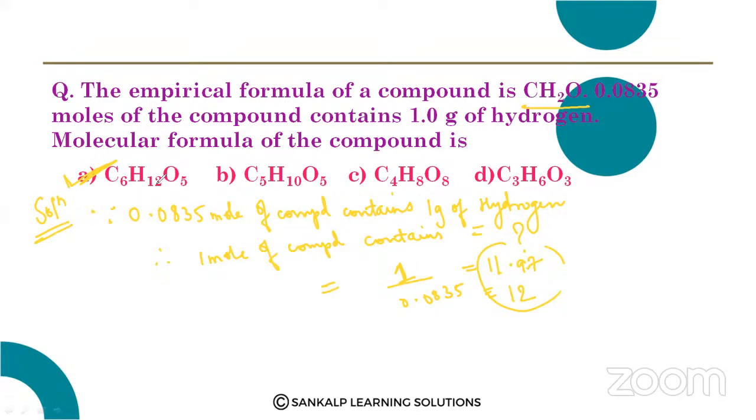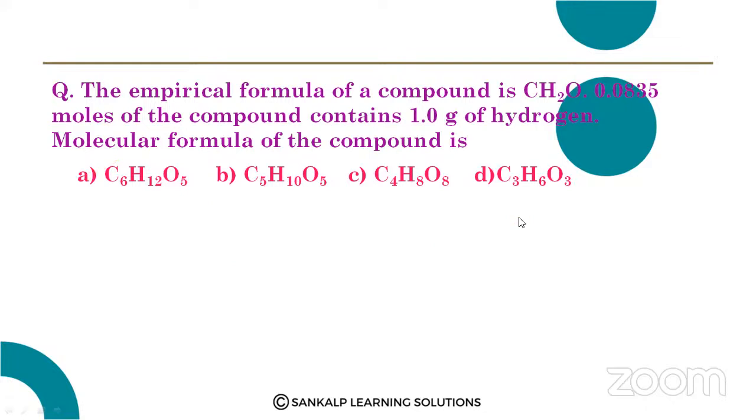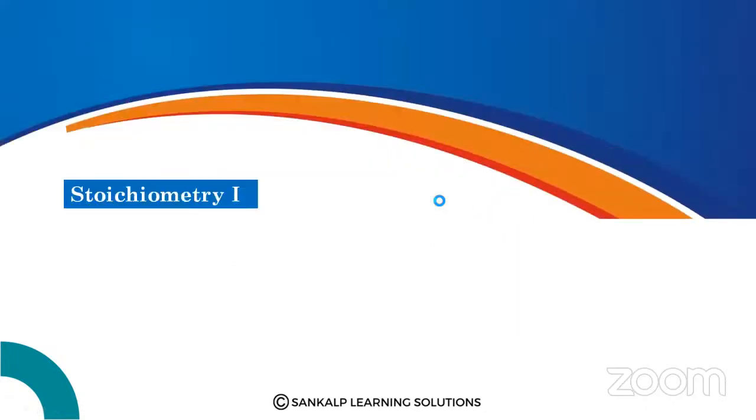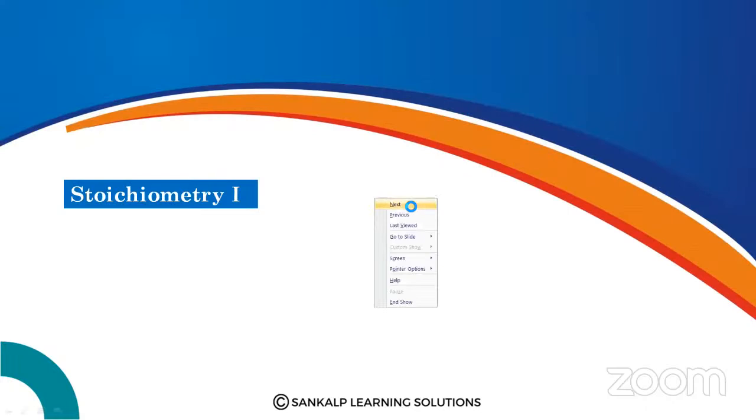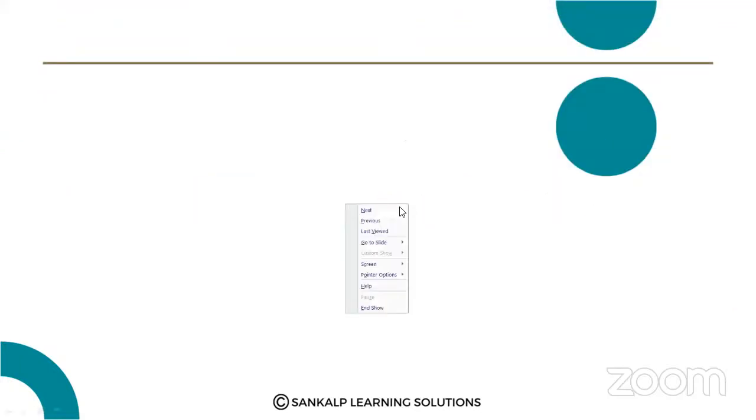So hydrogen contained is 12 grams. This is the answer. Okay, so like this, you are going to solve empirical formula problems. So next is stoichiometry.